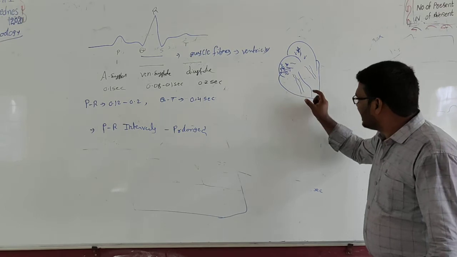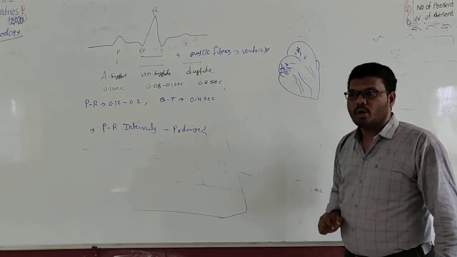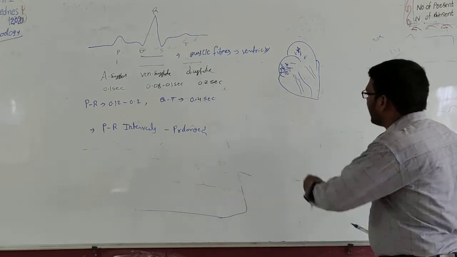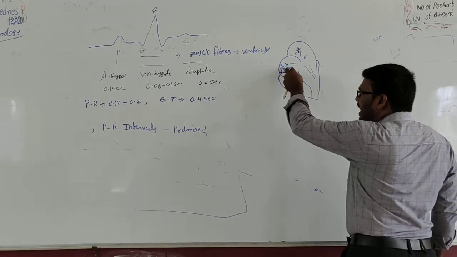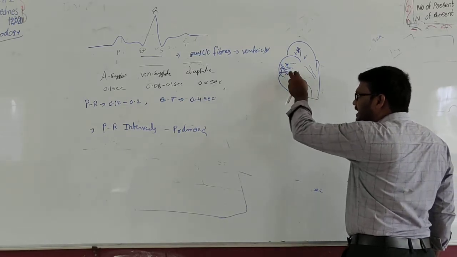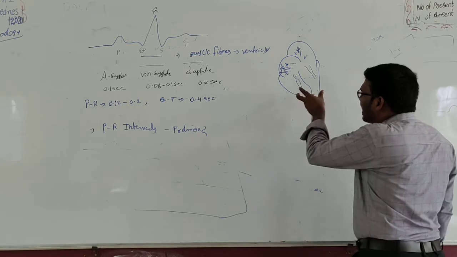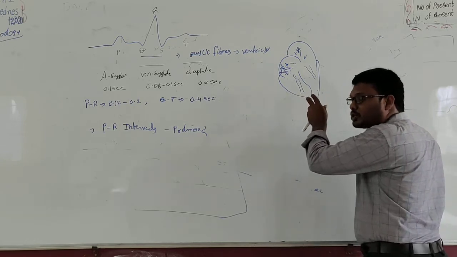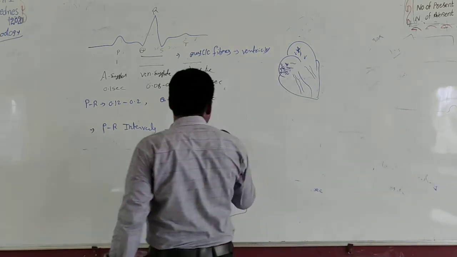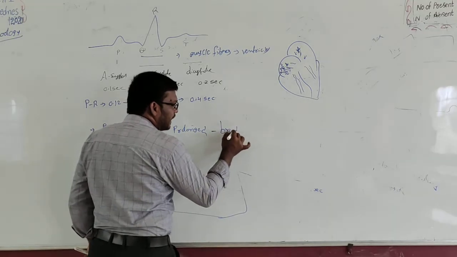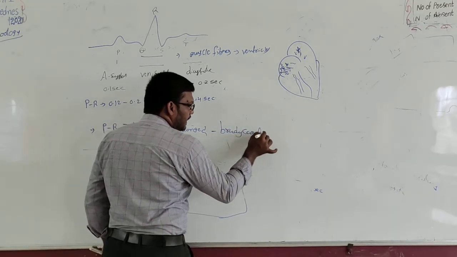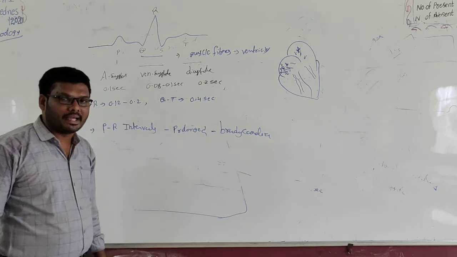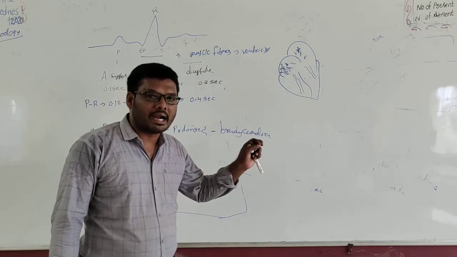Now can I say here the heartbeat will be slow? Why will the heartbeat be slow? When the blood enters from the atria to the respective ventricles, it takes more time. The heartbeat is very, very slow. That's why the condition is called bradycardia. What is bradycardia? Slowing of heartbeat rate.